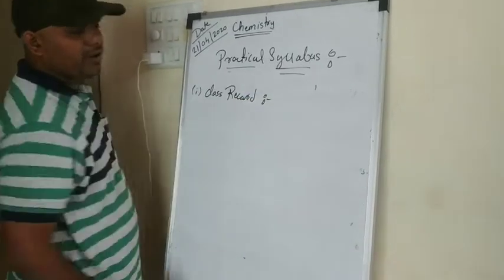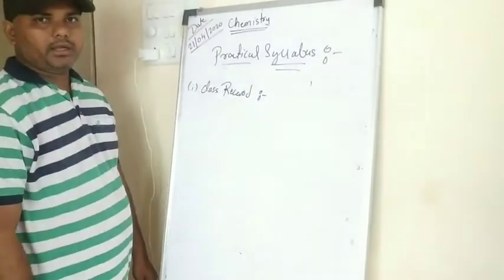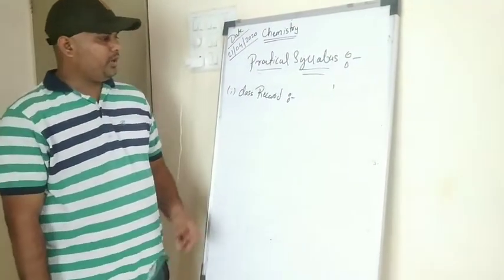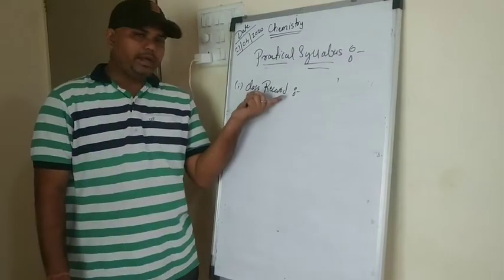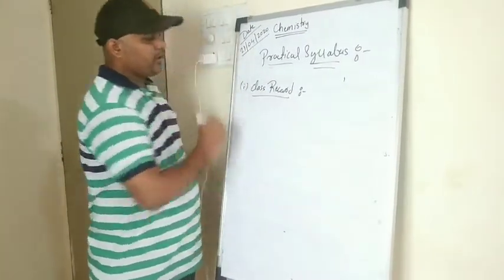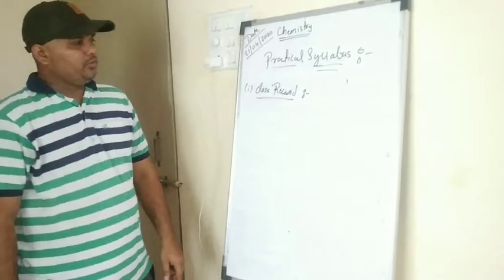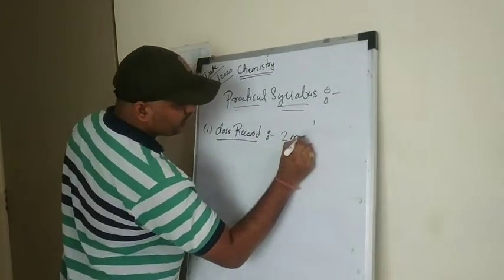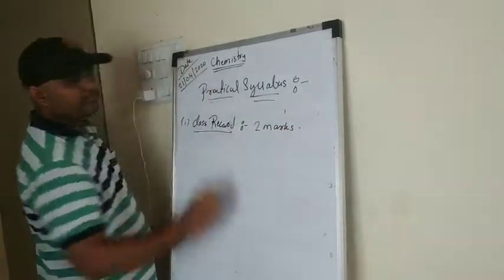A class record means a journal, right? In the year you will have a journal where you will write all the practicals. That is said to be a class record, and for that you will get 2 marks.